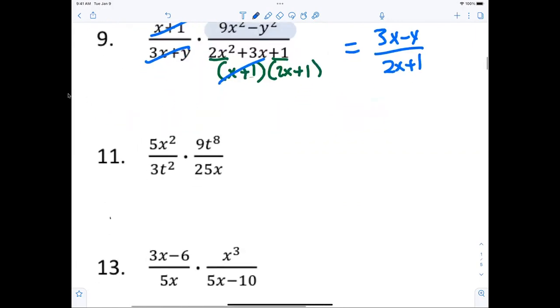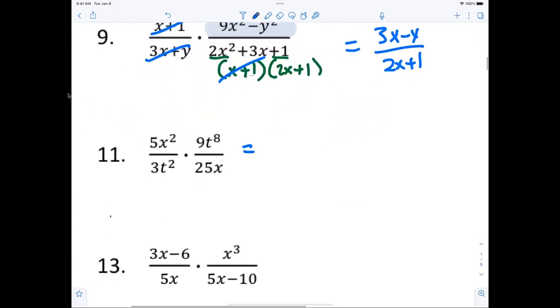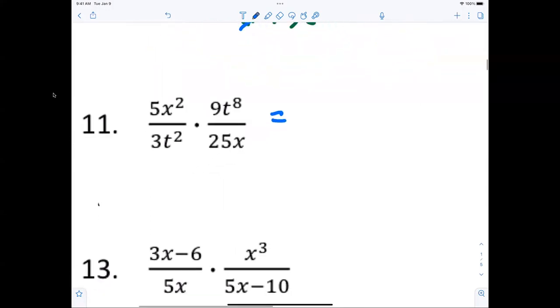All right, I'm going to pause and give you 30 seconds. I want everybody to do the next one. Okay, Ryan, what'd you get? 3t to the 6 x over 5. Yep, that's it. Anybody get 3t to the 6th x over 5? Anybody calling Ryan crazy?